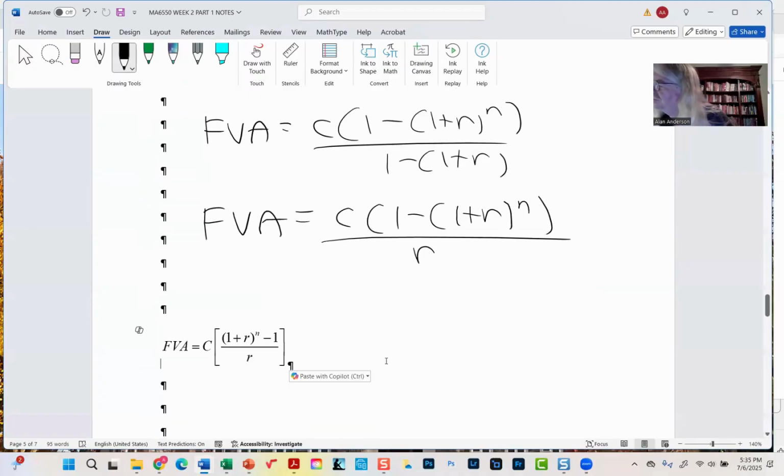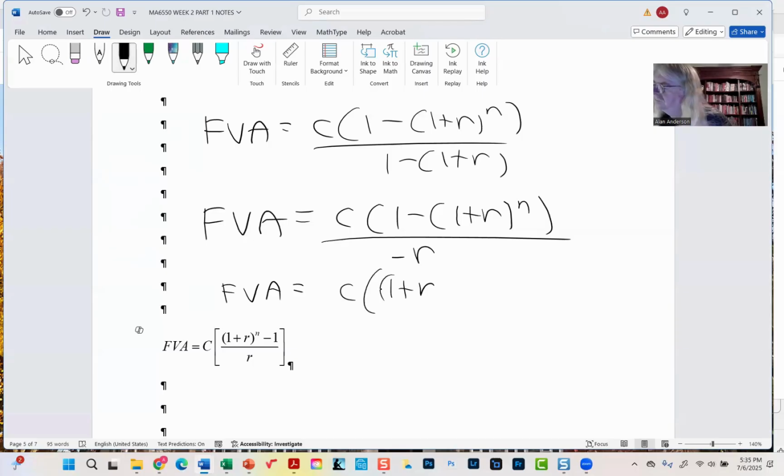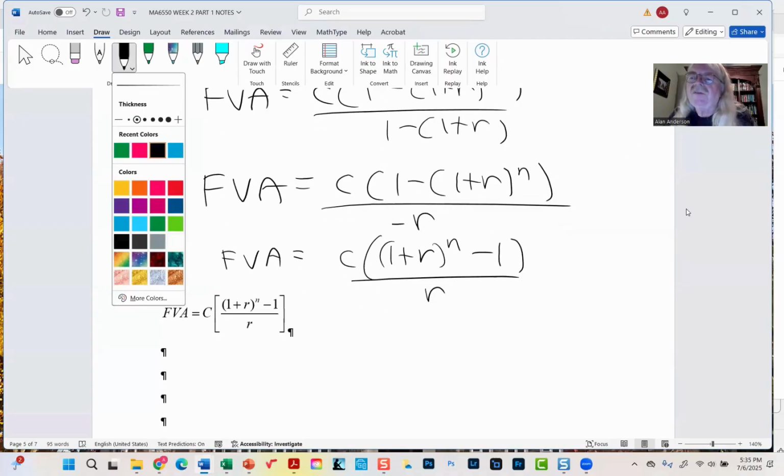This is negative. 1 minus 1 minus R, yeah. So that means we actually have, now we're good. Okay, we're all set. I missed that negative. Okay. And that's how we derive the two formulas.